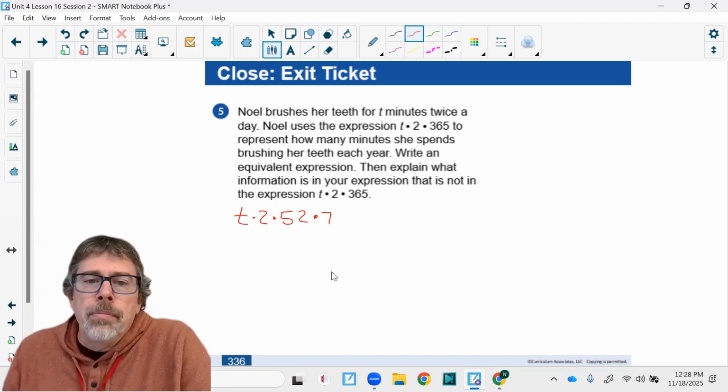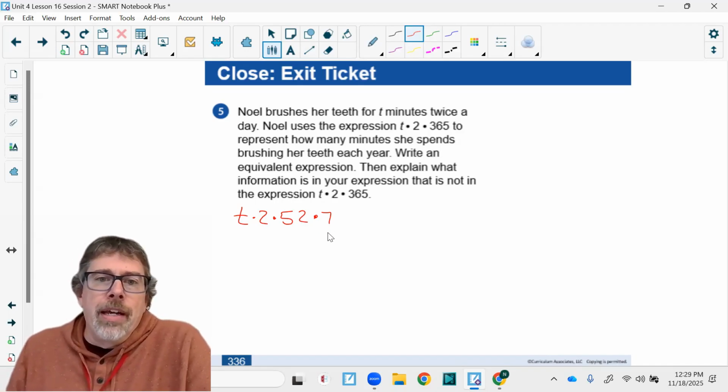But there's more than 52 weeks in a year, so that's one way. That would be an approximation. It's not exact, and you're like, no, there's only 52 weeks in a year.